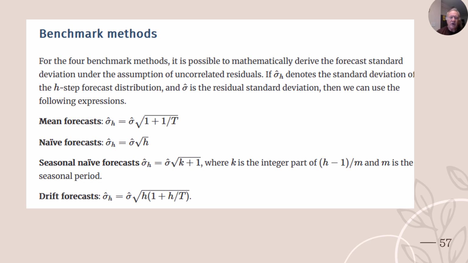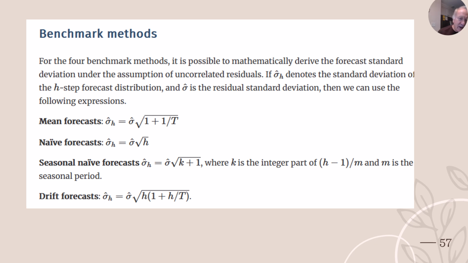So if you look at the benchmark methods, there are four benchmark methods, and it's possible to mathematically derive the forecast standard deviation under the assumption of uncorrelated residuals. If sigma_h denotes the standard deviation of the h-step forecast distribution, and sigma hat is the residual standard deviation, then we can use the following expressions.